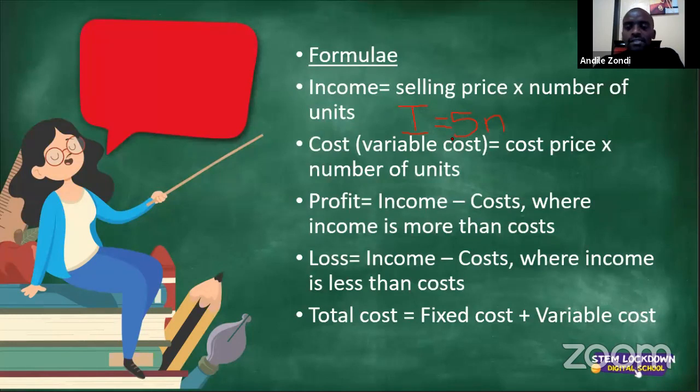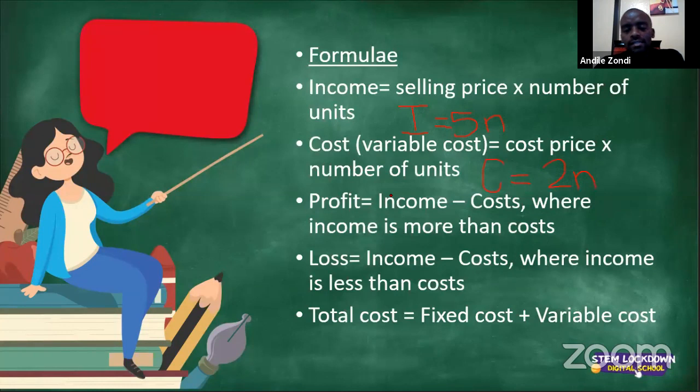So for cost, the variable cost is cost price times number of items. I'll write it as C for cost is equal to cost price. Let's say I made my scones for 2 rand per scone, times the number of scones I made. That is how I define cost.